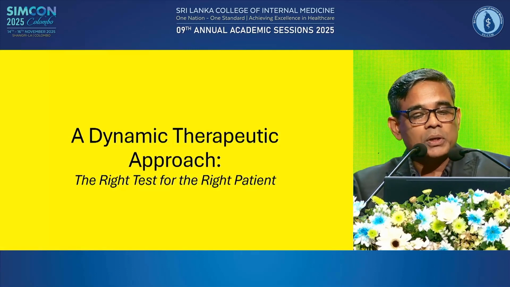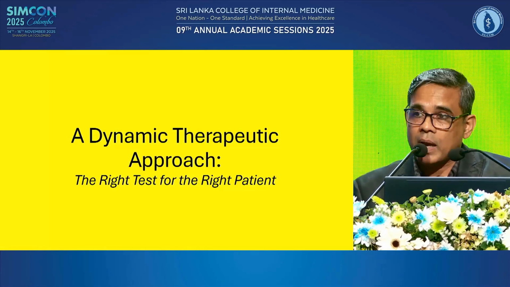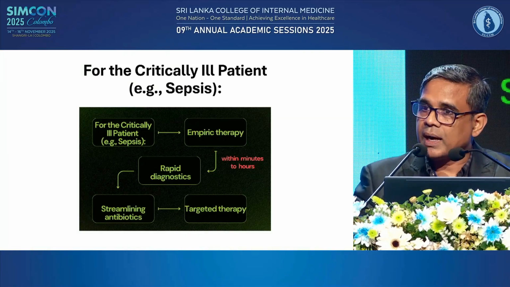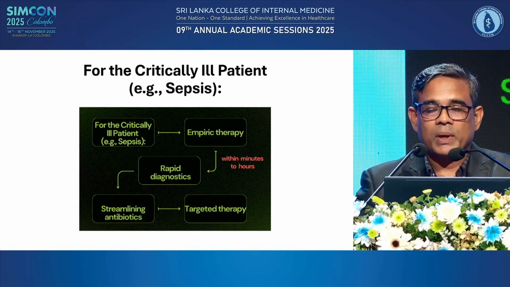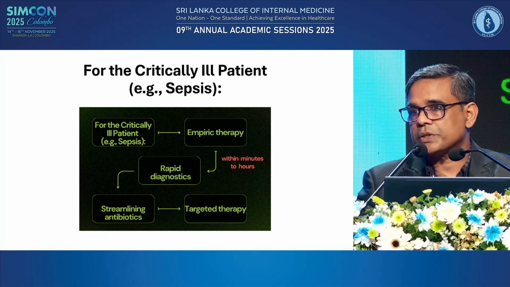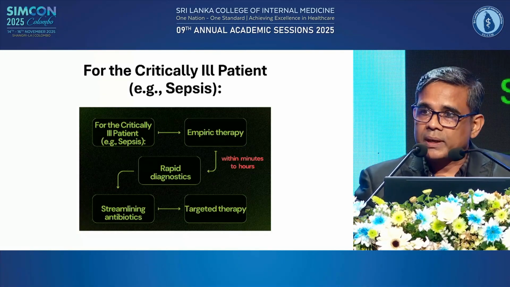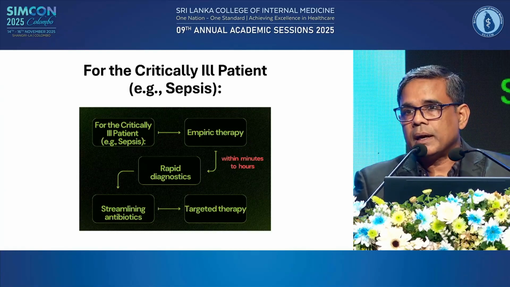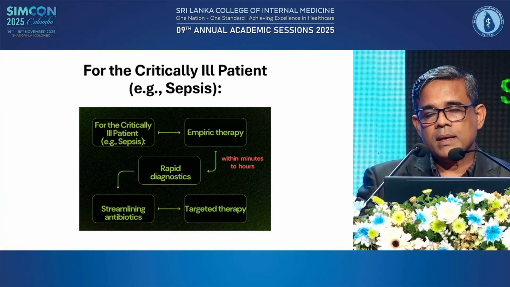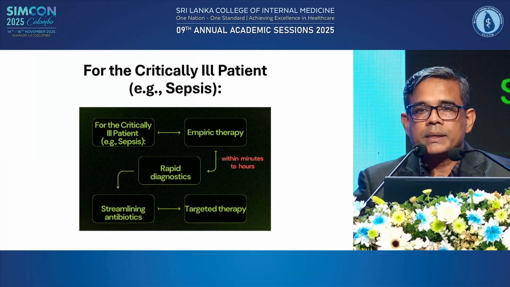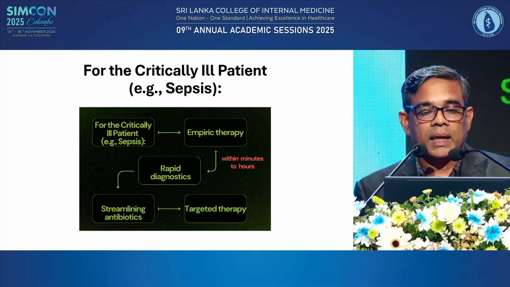So what are we going to achieve with the novel therapeutic approach? For a critically ill patient, when the patient comes, you can't delay the treatment. You can start empiric therapy, and at the same time take appropriate specimens for rapid diagnostics. With rapid diagnostics, you can identify the etiological agent within a very short time and treat with the appropriate antibiotic. And then once the microbiological tests are available, you can target the treatment with the inputs of the laboratory.